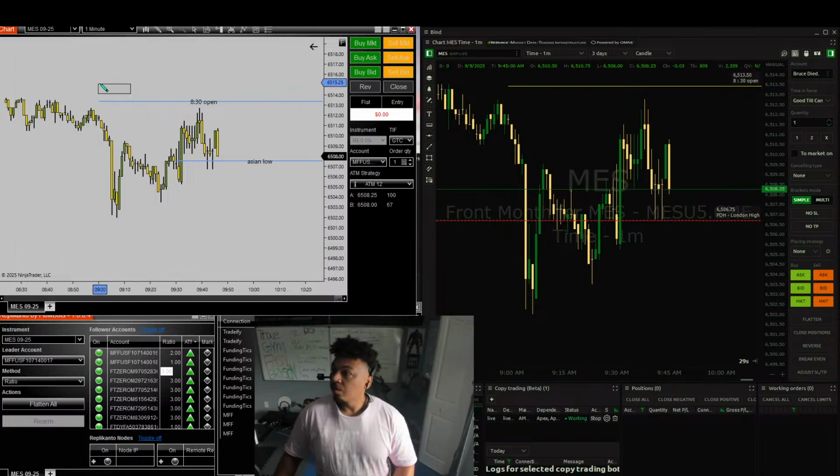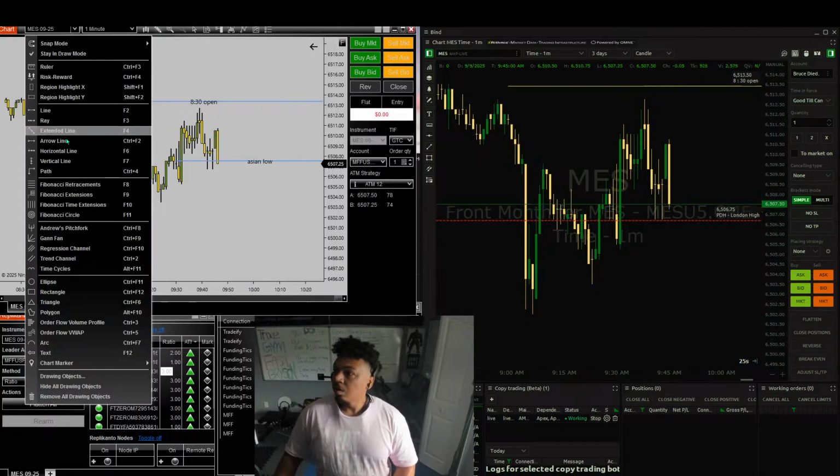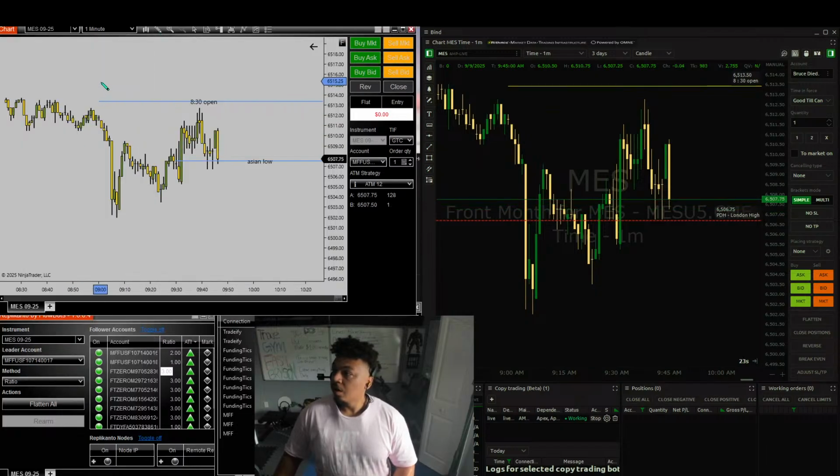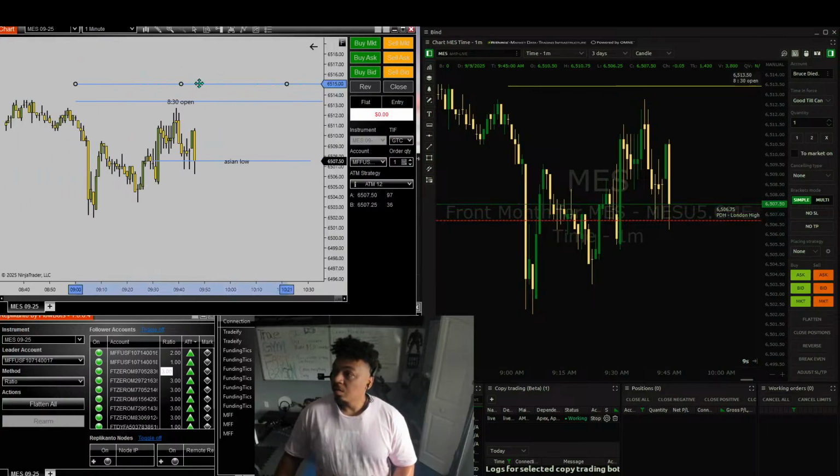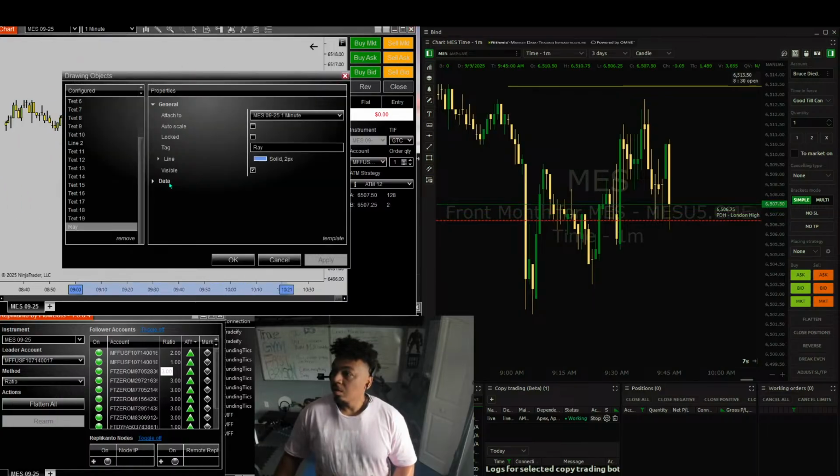I'm testing out the drawing tools here. I'm not really used to them, so it's my first time. Let's see, arrow. Let's try arrow line for 6515. This is midnight. Can I label it?